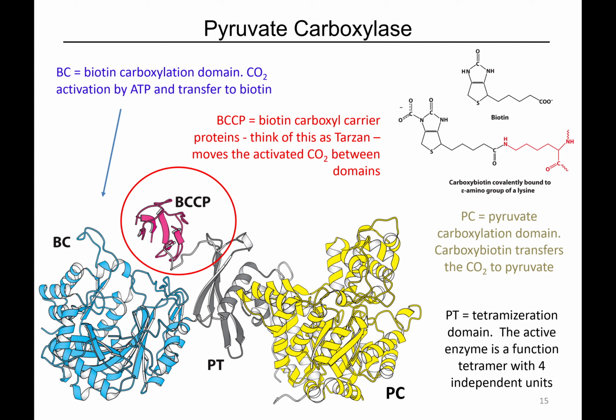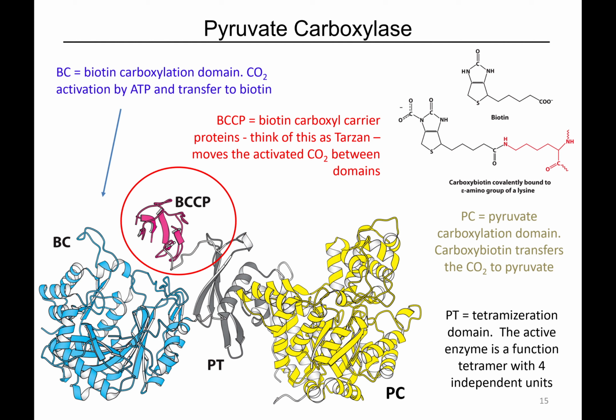So here's pyruvate carboxylase. I mentioned that there are two important enzymatic domains. The BC domain is our biotin carboxylation domain. This is where we activate CO2 to become carboxyphosphate, and it's where we put the CO2 onto biotin. Biotin is covalently linked to this BCCP, the biotin carboxyl carrier protein.